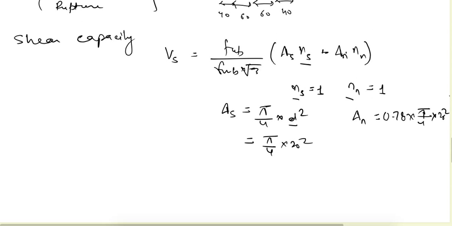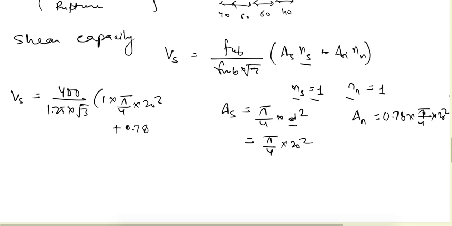So putting all these values, we can calculate the shear strength. fub is 400 divided by 1.25 into under root 3. So 1 into pi by 4 into 20 square plus 0.78 into pi by 4 into 20 square. So that is the shear capacity or shear strength for 1 bolt.